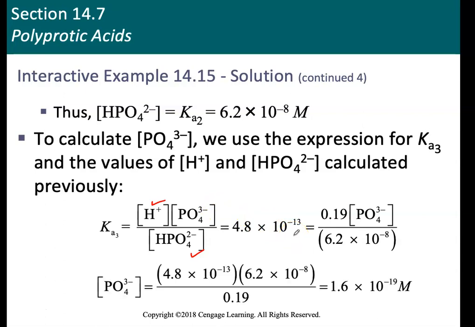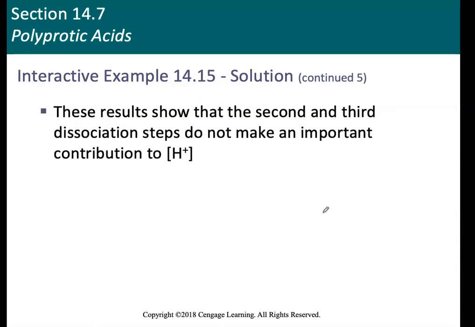So now you can see how easy we solved this problem by establishing only the dominant equilibrium and not worrying about the other two lesser significant equilibria in this sort of problem. So that's what we do when we are dealing with a polyprotic acid.